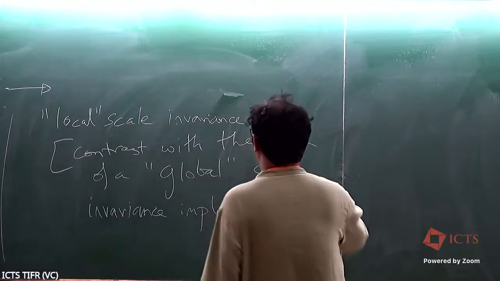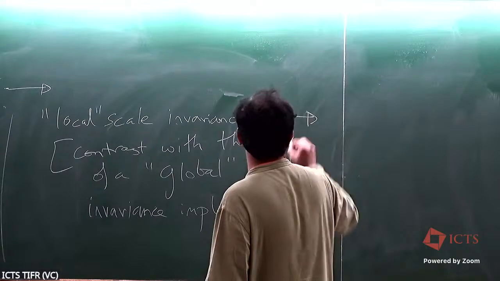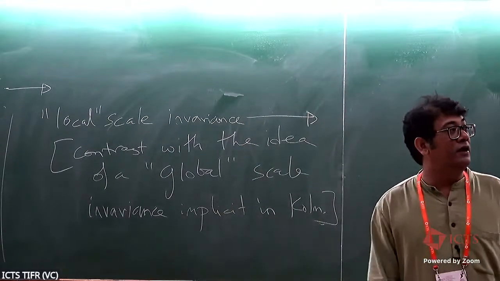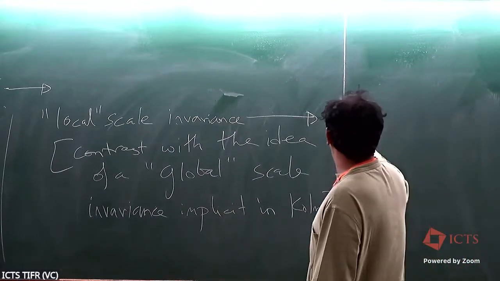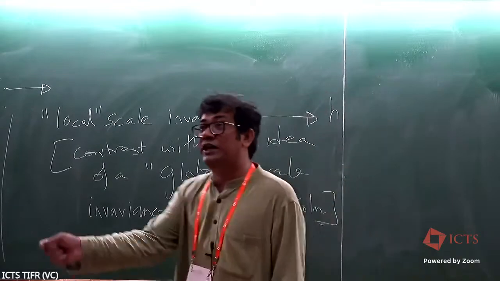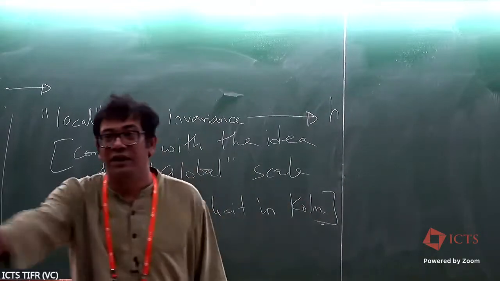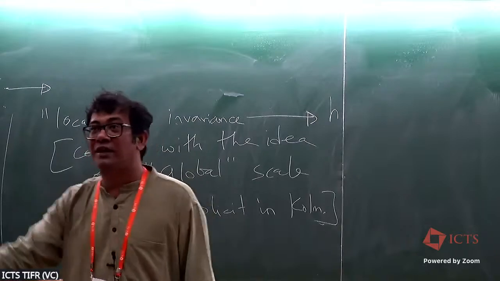And so the local scale invariance argument of Frisch and Parisi allows me to have an H, which I can change at will. So it's like a little slider or a knob that I can keep on turning.